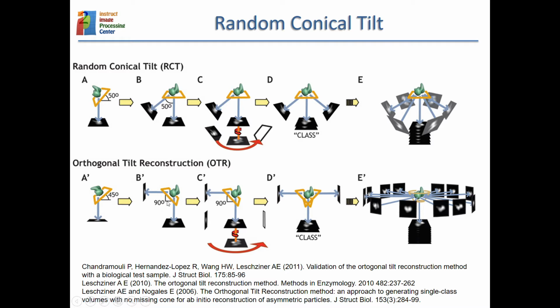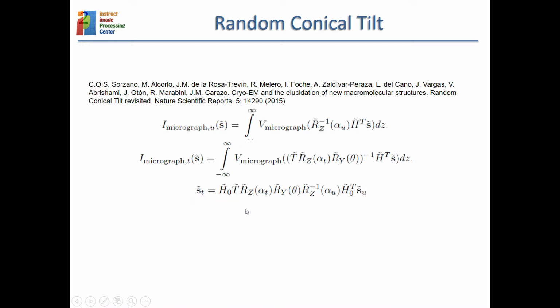Between these two images the angle is 90 degrees, and then you can determine the initial volume without any missing cone.